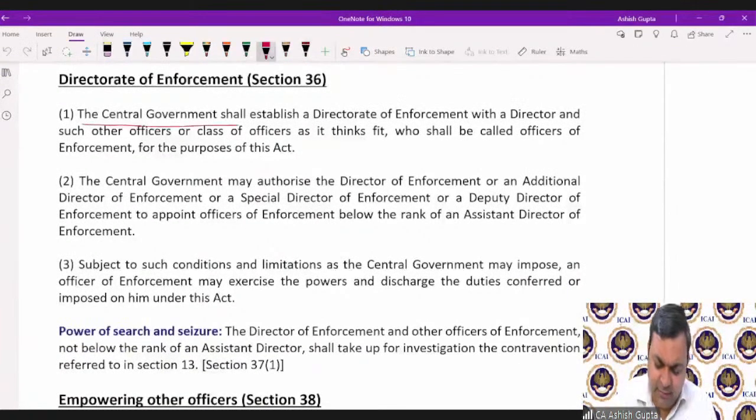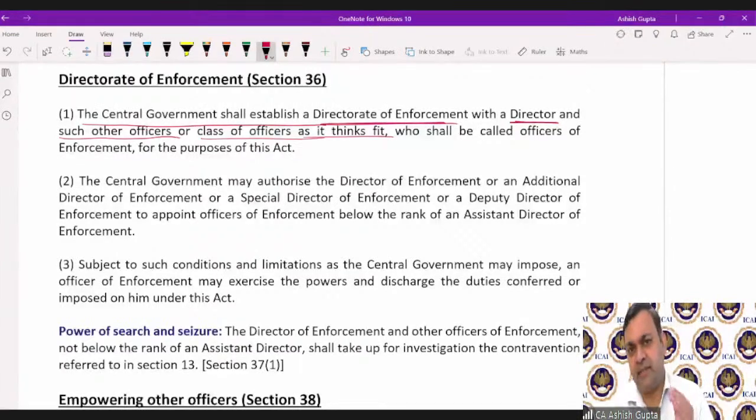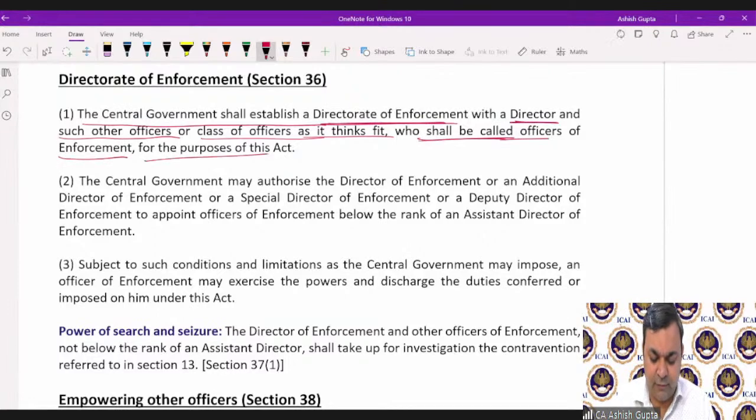Section 36 from the study material: the central government shall establish a Directorate of Enforcement with a director and such other officers or class of officers as it thinks fit, who shall be called officers of enforcement for the purpose of this Act.